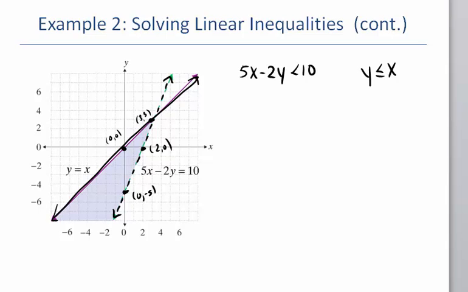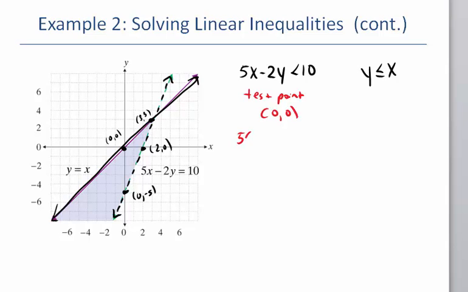Now, we know from our previous examples, in order to determine how to shade on these, we need to choose a test point and plug it into the original inequality. So let's work on the 5x minus 2y is less than 10 first. For my test point, I'm going to use the point 0, 0. It's an easy point, and it sits on the left side of the line 5x minus 2y is equal to 10. So let's try that for a test point.